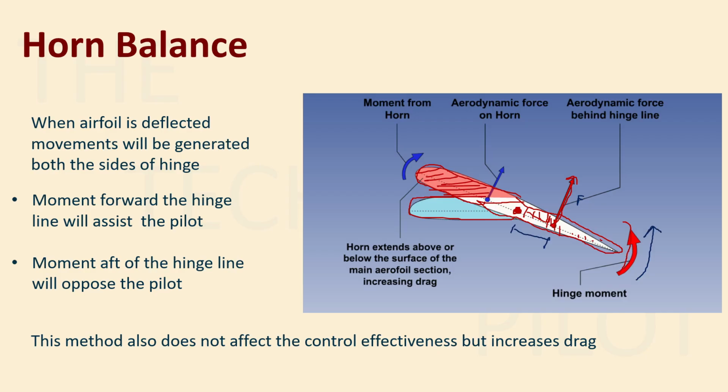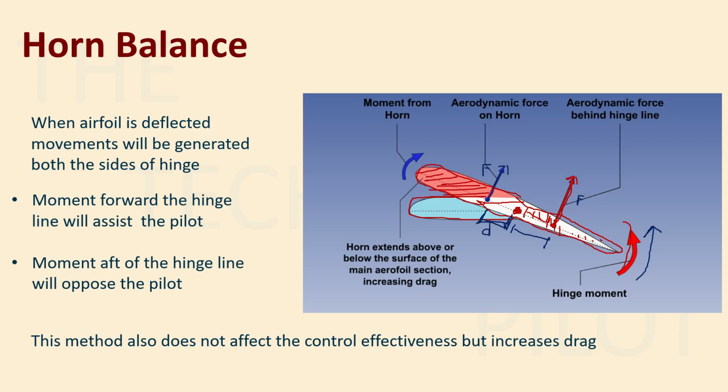Okay, but any surface which is ahead of the hinge line will produce a movement which will help or assist the pilot, right? So we have a surface here, so we have a force generated at a distance d. This blue line is the force, and this is generated at a distance d.